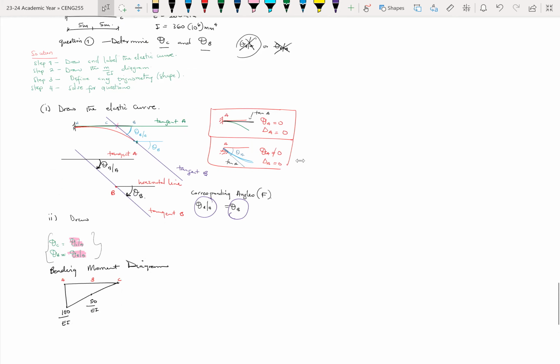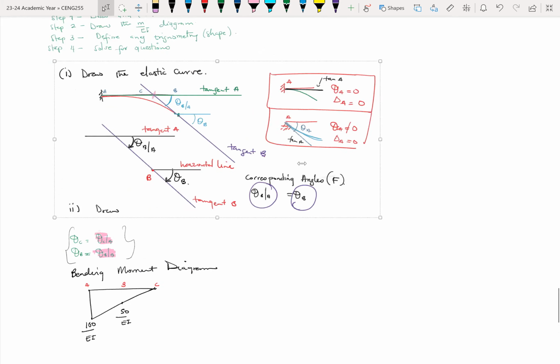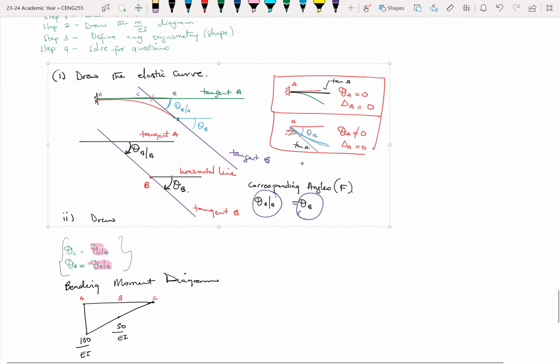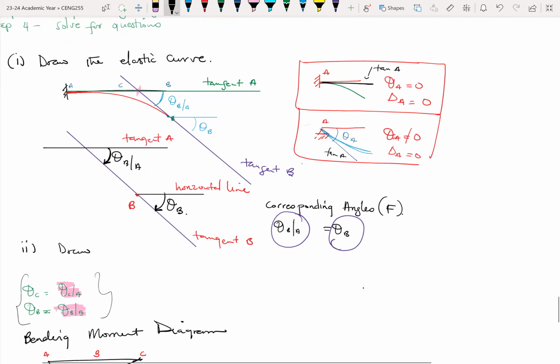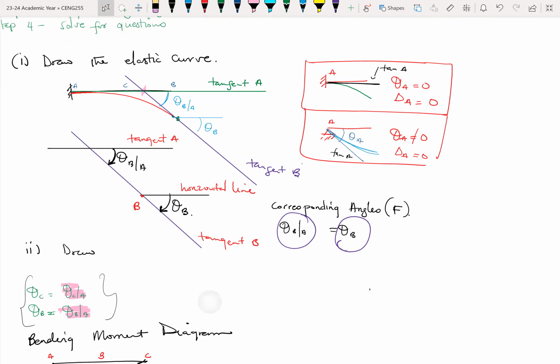Okay, so let me use this one. Let me take this away. So here, there's a few things to note. Now this is my B, and this is my C. Okay, it doesn't change much. So this angle here is theta CA.